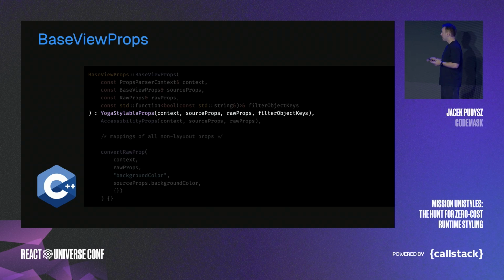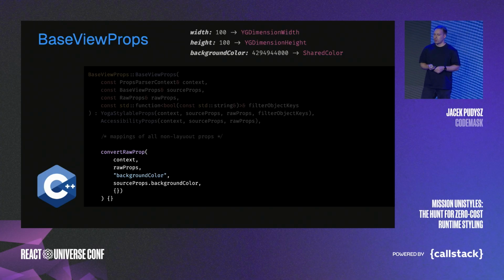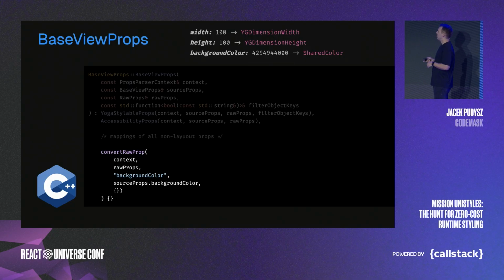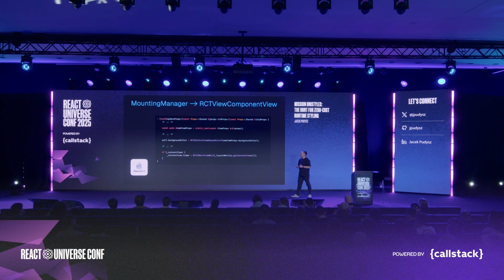We have also accessibility props, and down below in the constructor, we have convert raw props for background color. And we will go from 100 to yoga dimension width, the same with the height, and for the background color, we will convert the value from number, integer, to shared color.